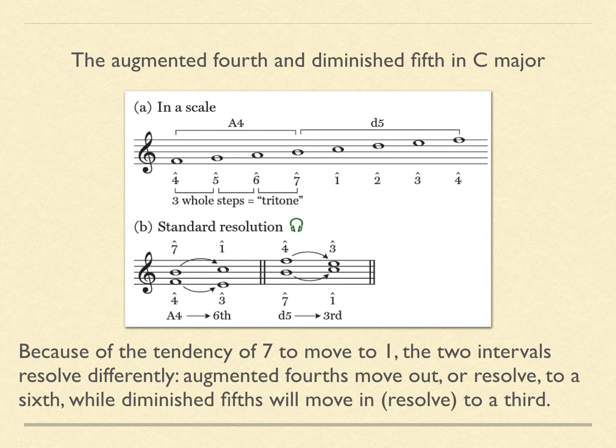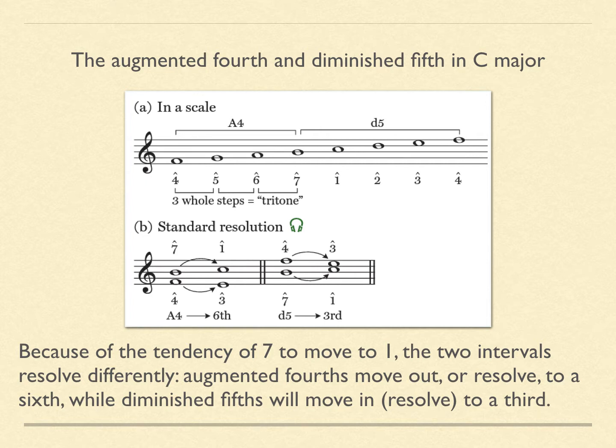So an augmented fourth will resolve, as we say, outward to a sixth, and a diminished fifth will resolve inward. You follow the motion of the half step no matter what. Ti will go up, Fa will go down, because that is the nearest note. It's a half step away.